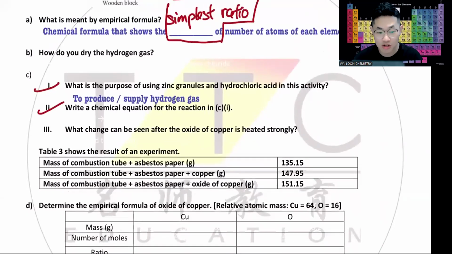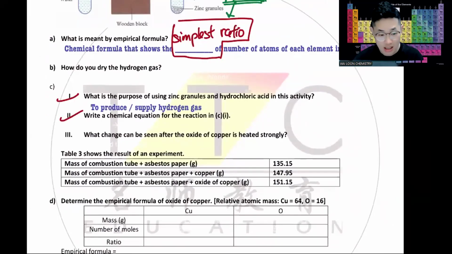Write a chemical equation for this reaction. Zinc reacts with hydrochloric acid. Zinc is Zn, and hydrochloric acid is HCl.